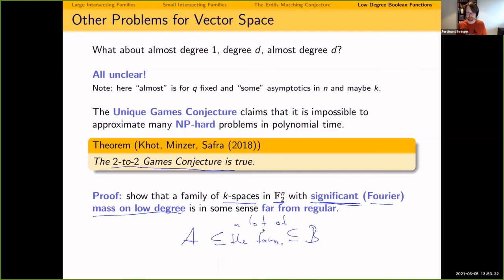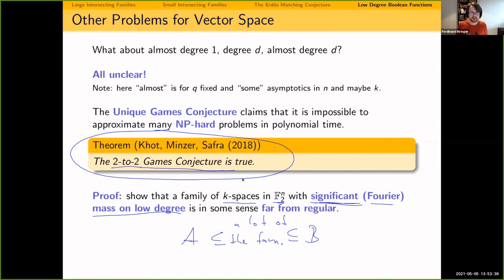So it's somehow kind of more local. And this was with a long list of implications implied by this result here. And they wrote a long paper showing exactly that.